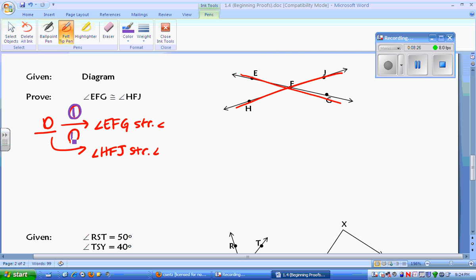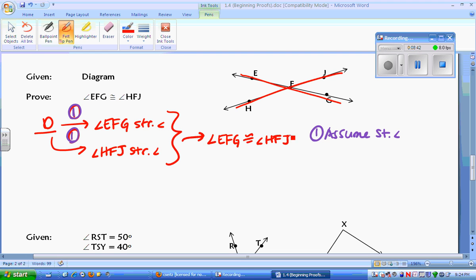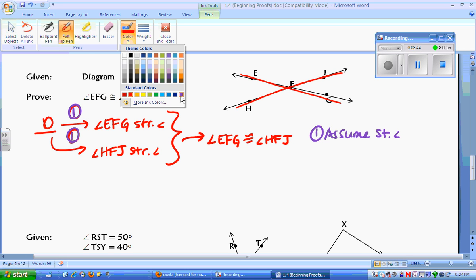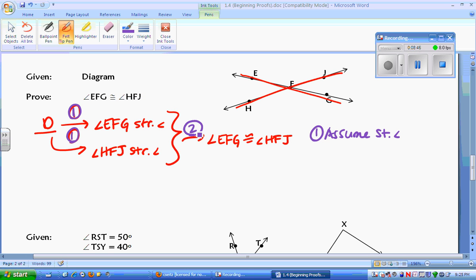The reason why I can assume that is because I can assume straight angles. Okay, if they're both straight, then I can go ahead and jump to they are congruent because all straight angles are congruent. EFG is congruent to HFJ. Reason why, all straight angles congruent.